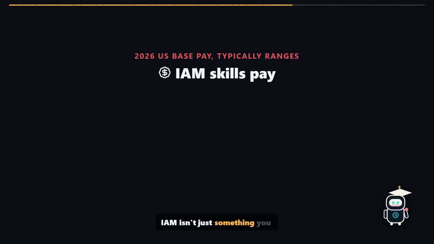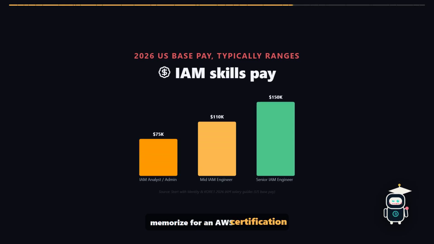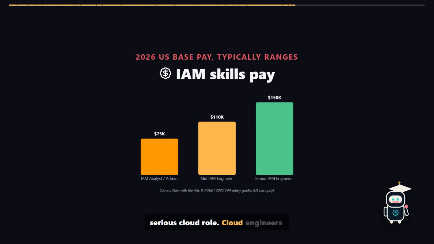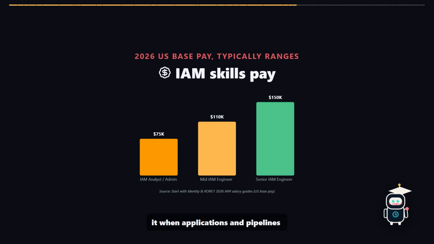IAM isn't just something you memorize for an AWS certification exam. Identity and access management shows up across almost every serious cloud role. Cloud engineers use IAM when deploying workloads. DevOps and platform engineers use it when applications and pipelines need AWS access.